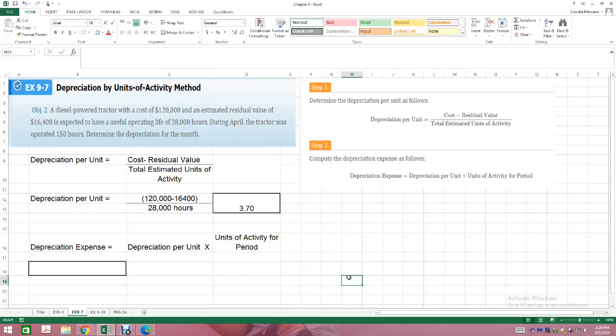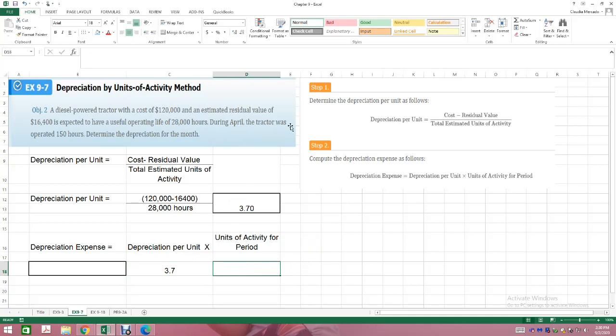So, my depreciation expense. They're asking you to determine the depreciation for the month. My depreciation expense is the depreciation per unit, and we just calculated that up here. My depreciation per unit is 3.70. The units of activity: how many units did you use it during the month of April?